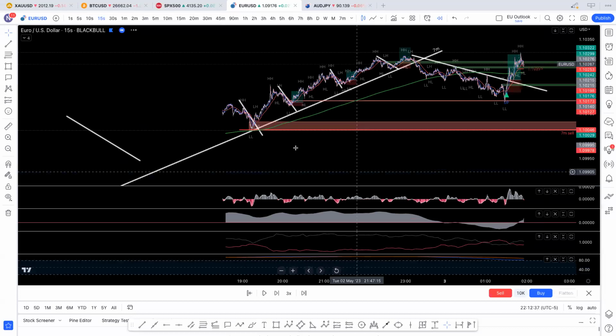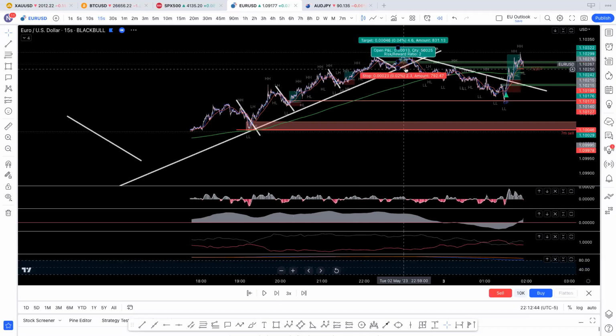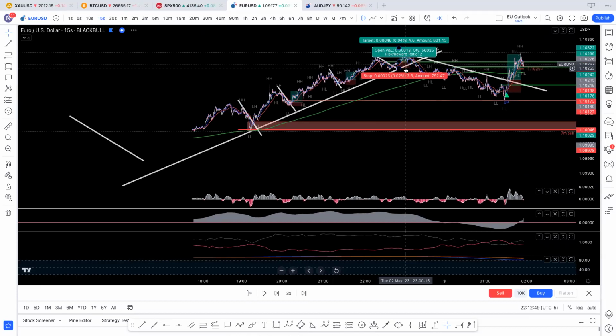However, still not closely analyzing all of the confluences, and I didn't put in my zones to prepare me for areas of caution.